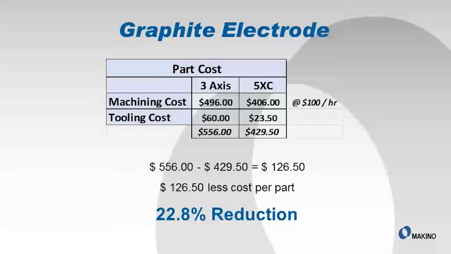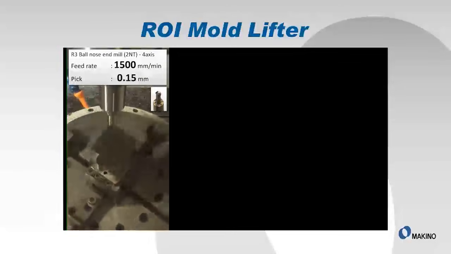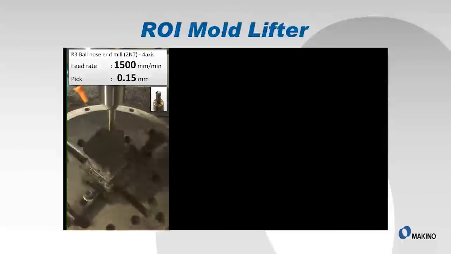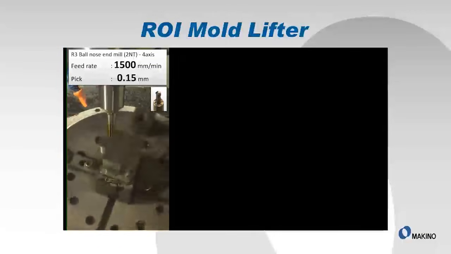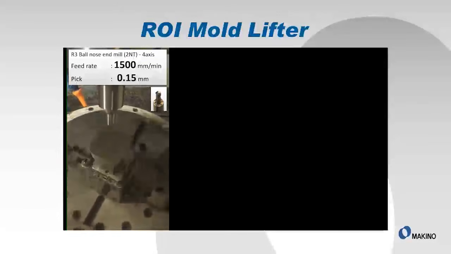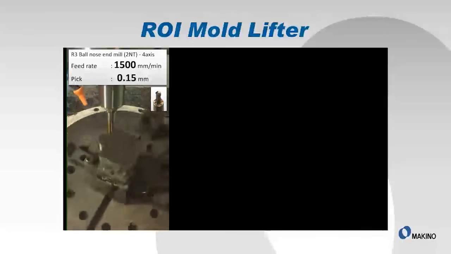Thank you, Bill. In this particular video, we're showing 2 of the different operations performed on this lifter part. In the first example, we're showing machining in 4-axis motion, where we have a feed rate of 1,500 millimeters per minute and a pick of 0.15 millimeters. This is going to give us a cycle time of 59 minutes.